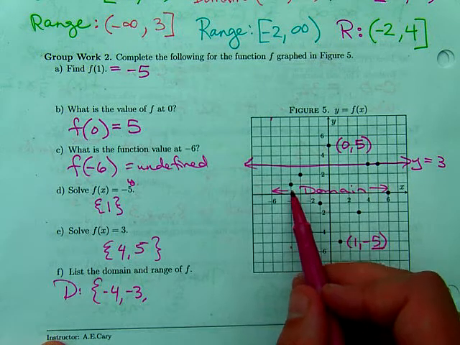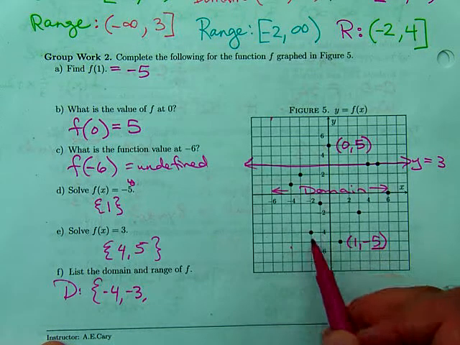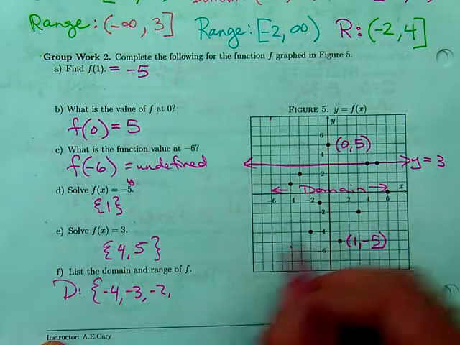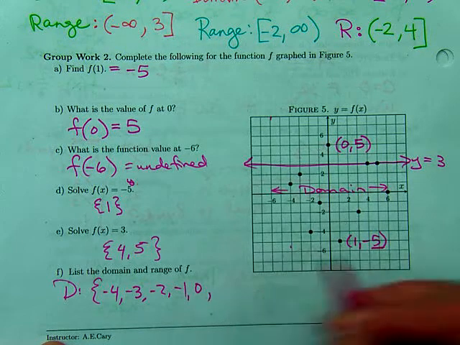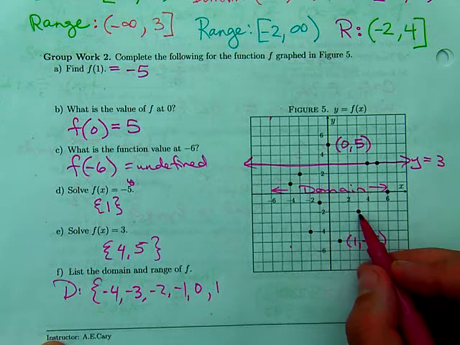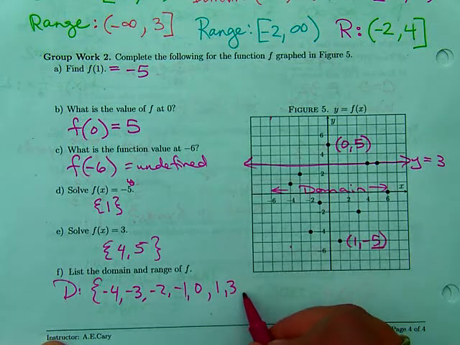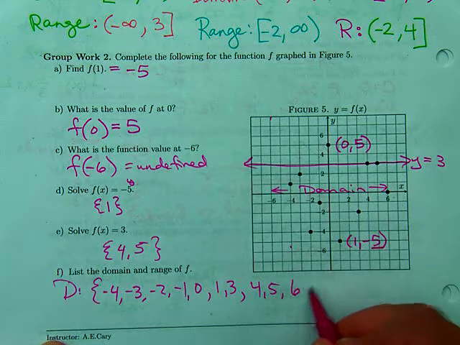So you see these ordered pairs are where I'm getting my domain. Is -2 in the domain? -1, 0, 1, 3, good. 4 and 5, and 6.